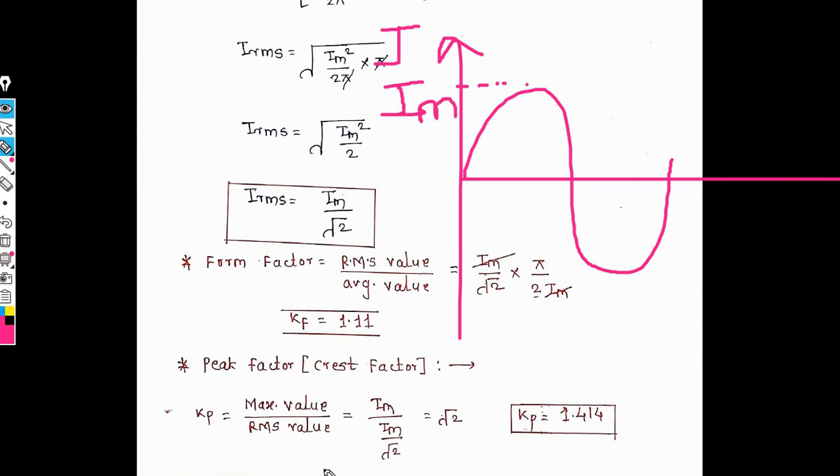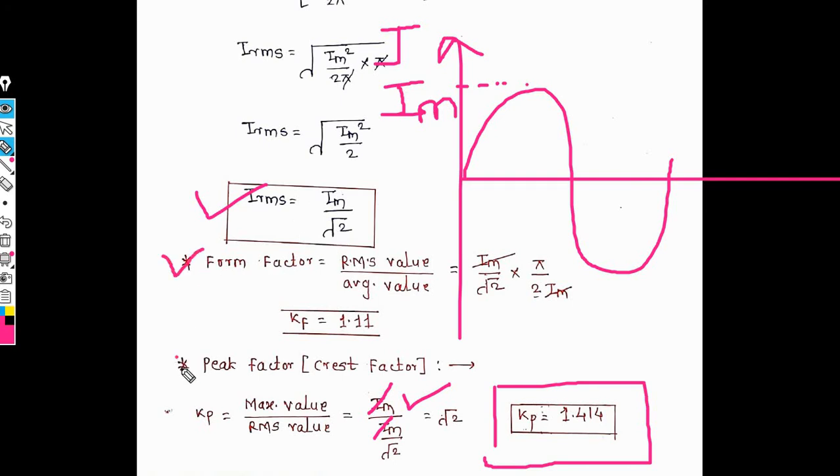Then Im upon Im by root 2, Im cancels, and root 2 is 1.4. That means in the RMS value, first we calculate RMS current, then RMS voltage, that is VRMS equals Vm upon root 2. Then we calculate the form factor and then the peak factor. Each and every parameter depends on the others.